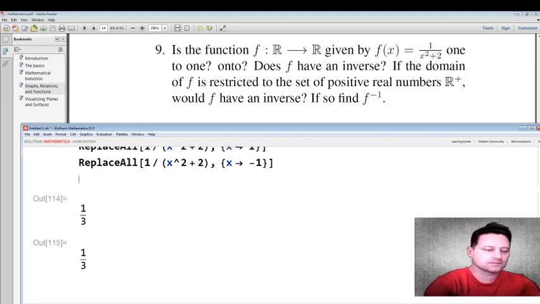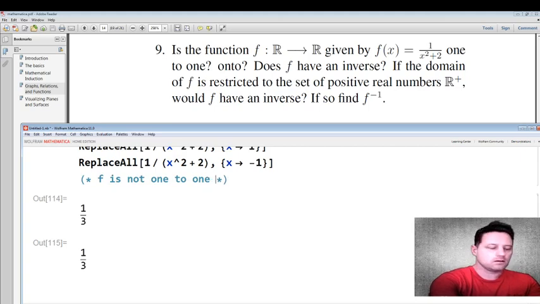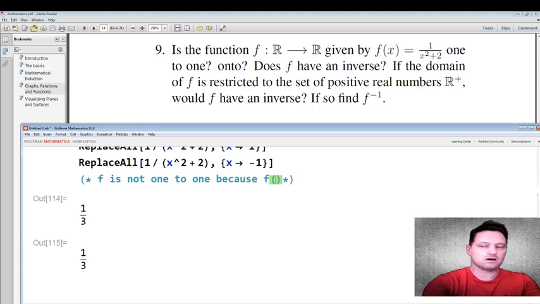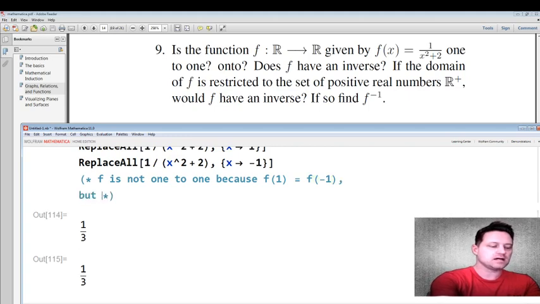Alright, so let's note f is not one-to-one because f of 1 is equal to f of -1, but 1 is not equal to -1.